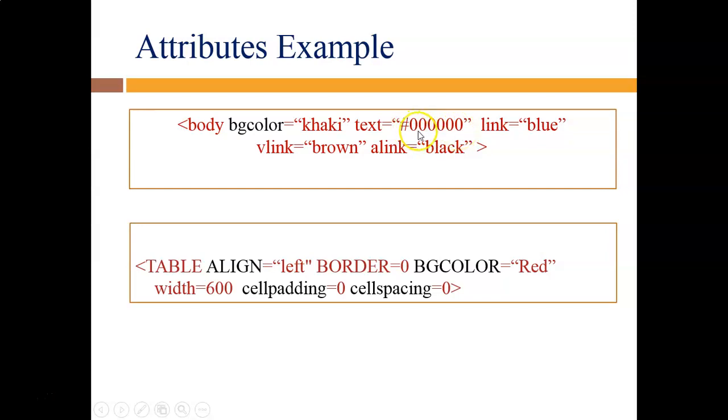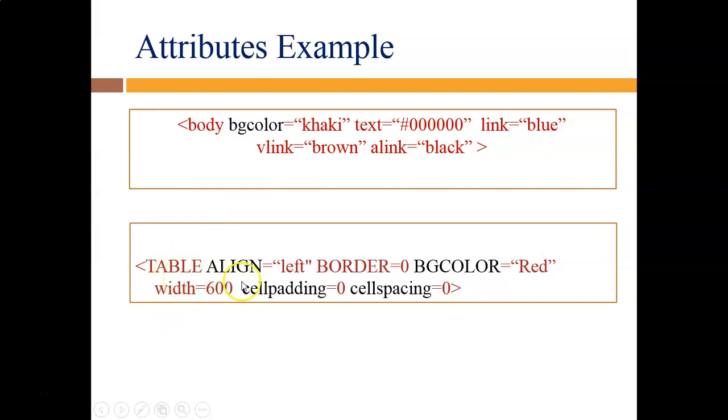So it indicates the RGB format. And this is nothing but the hex value. Similarly, whichever value we want to initialize to that particular attribute, we simply use the equal sign, if you observe here. Similarly, this is for a table tag.